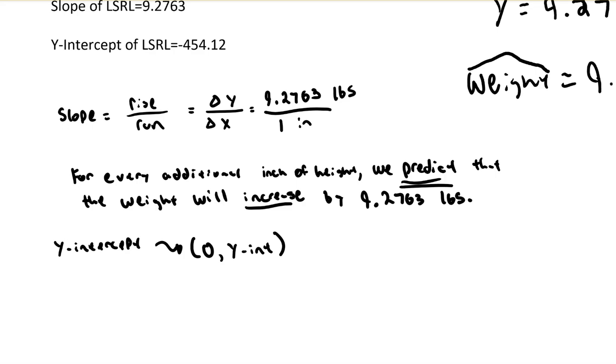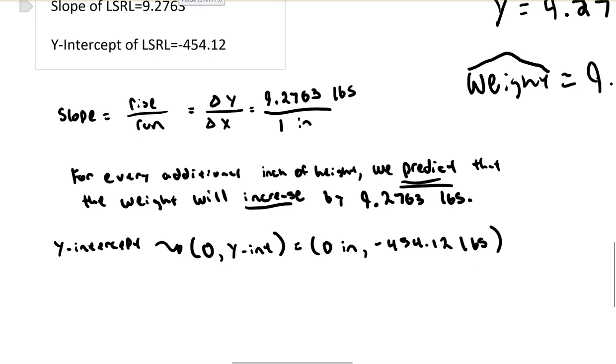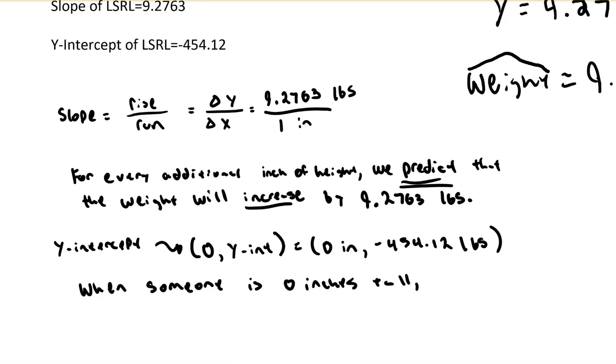So, in this case, if somebody is 0 inches tall, we are going to predict that they weigh negative 454.12 pounds. So in sentence form, what this is saying is when someone is 0 inches tall, we again predict.